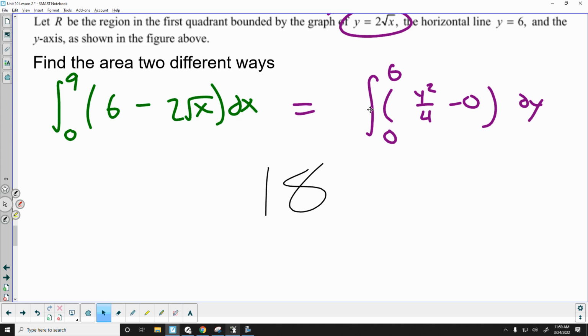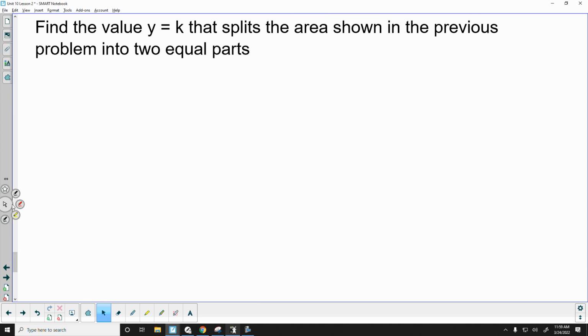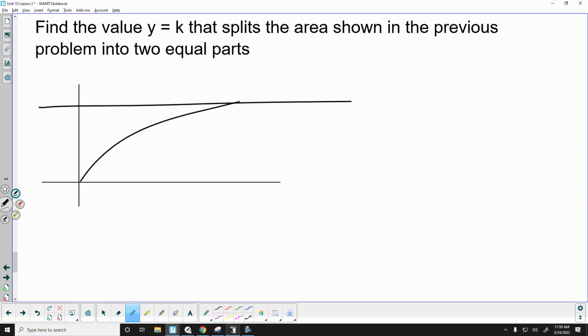This lesson, you will be required to split regions in half. Okay, sure, Mr. Messner, that's fine. I've done that already. But split it in half horizontally. Find y equals k, not x equals k, for the question we just did. That's not on the homework, so this is in your notes.